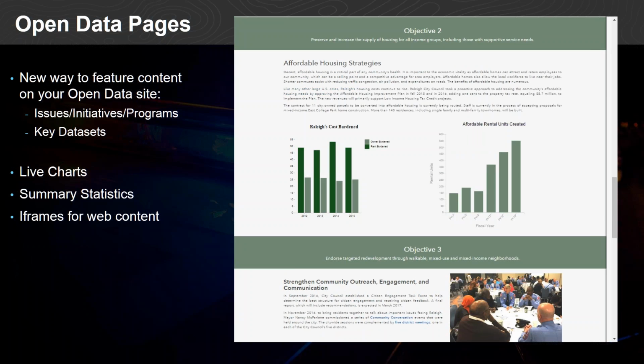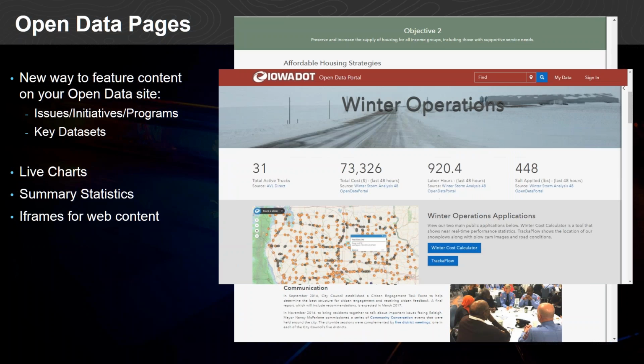This is another example from, it's not a law enforcement example, but this is from the Iowa Department of Transportation and their open data site that surfaces some data on winter operations. So you're able to deliver to citizens an understanding of the number of trucks that they have who are conducting winter plowing operations, total cost, total labor hours, and salt applied.